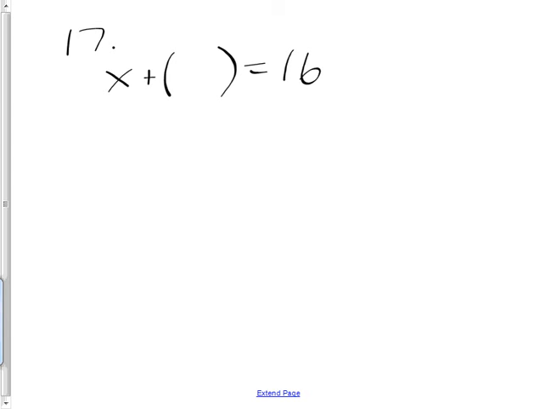16 minus x. Now, let's think about this for just a second. How did she pull that out? Okay. How about this? If I had said, just ignore this whole math thing, I have two numbers that add up to 16. And I had picked one of them in my head. Let's say it was going to be 7 or something. How would you get the other one? 16 minus the 7.